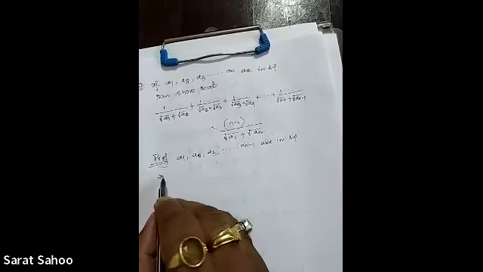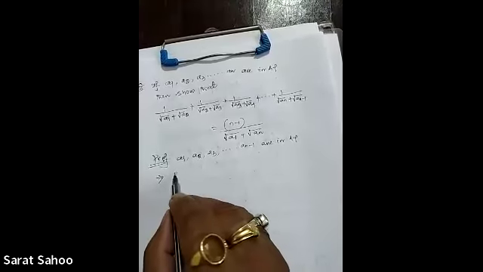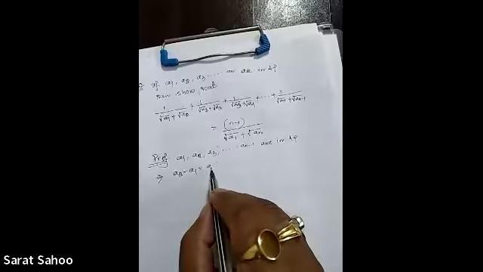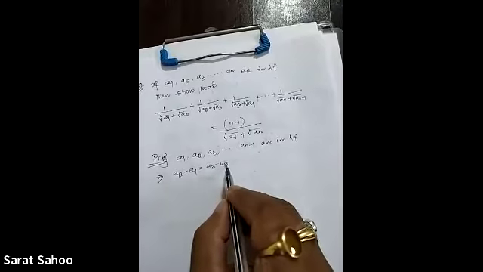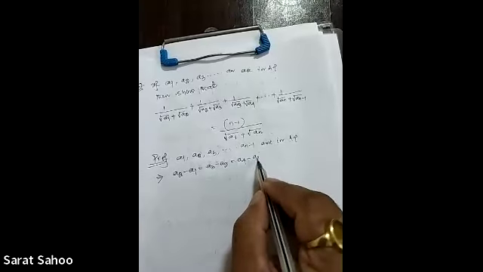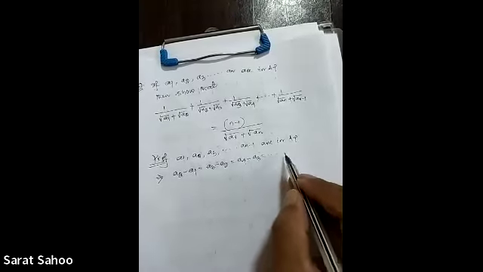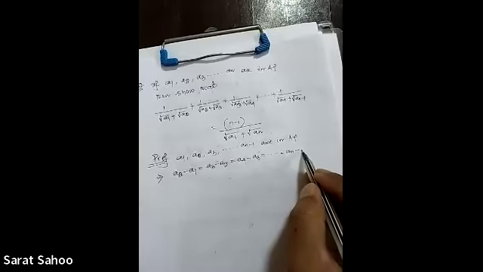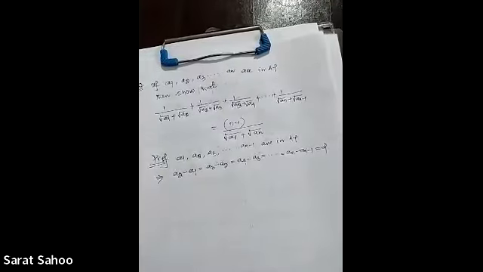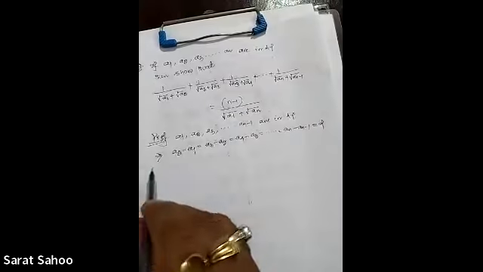This implies A2 minus A1 equals A3 minus A2 equals A4 minus A3 equals An minus An minus 1, is the common difference D.